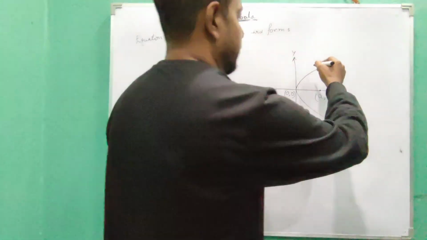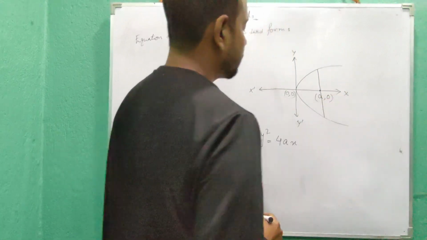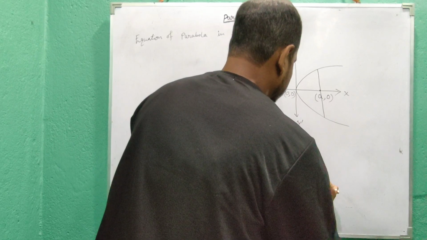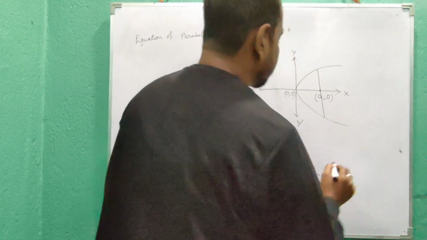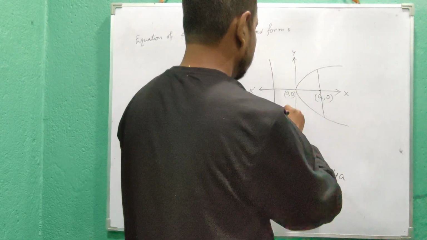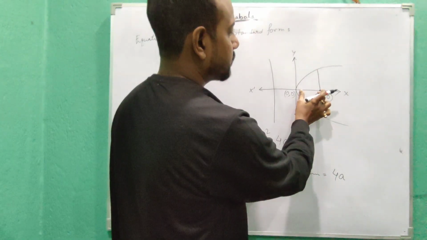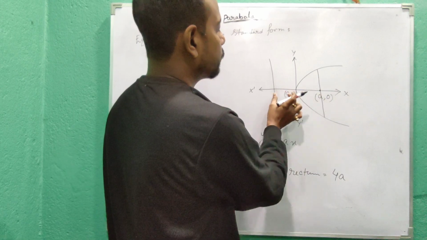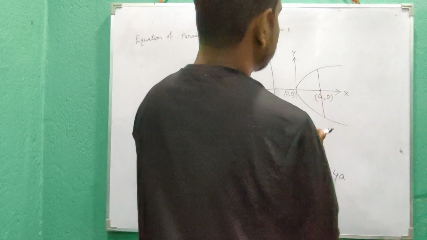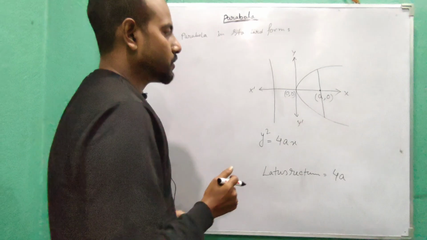Its length of the latus rectum will be 4a. Its equation of the directrix will be at equal distance from the y-axis as the latus rectum. The distance between the latus rectum and the y-axis and the distance between the directrix and the y-axis will be equal.